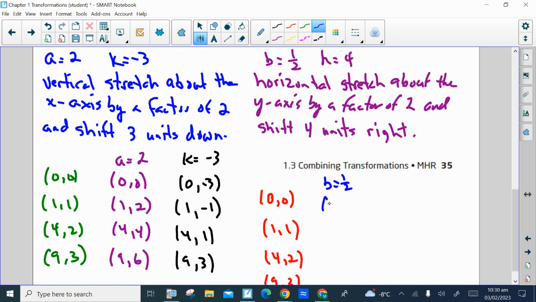So all the x values get multiplied by 2. That first point will be invariant for now, but it won't be at the end. But for this step it will be because you're multiplying the 0 in the x position by 2. And the same thing with the rest of those points. Each x value gets multiplied by 2.